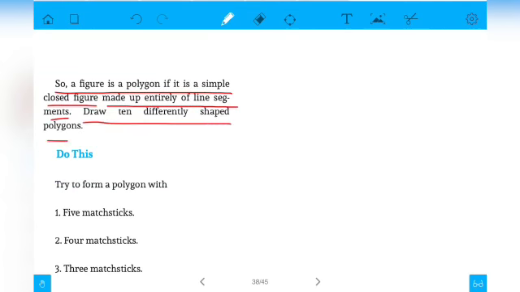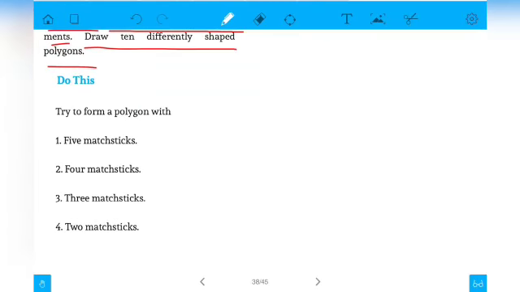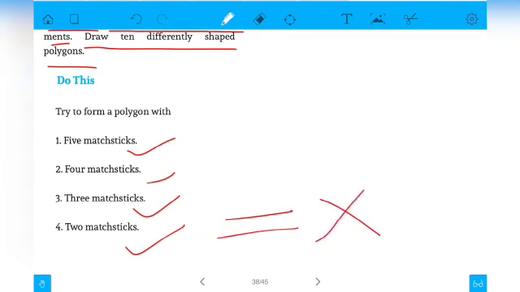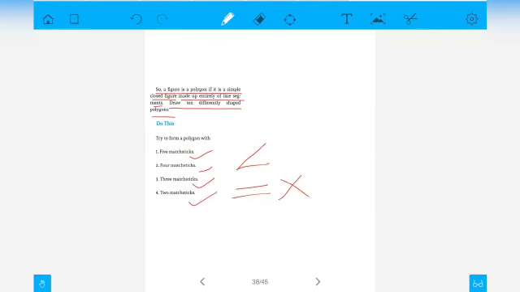Draw 10 different shapes of polygons. With 5 matchsticks you can make a pentagon, with 4 matchsticks you can make a square or quadrilateral, a 4-sided figure, with 3 matchsticks you can make a triangle, and with 2 matchsticks you can make parallel lines, intersecting lines or an angle like this. This is what you can practice at home.